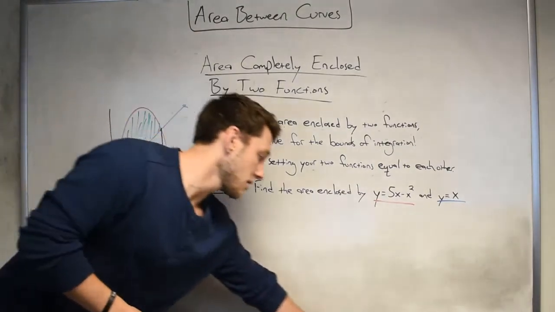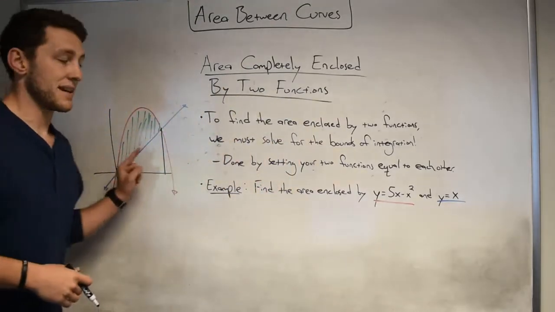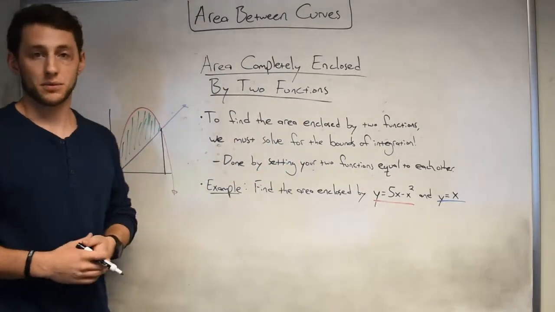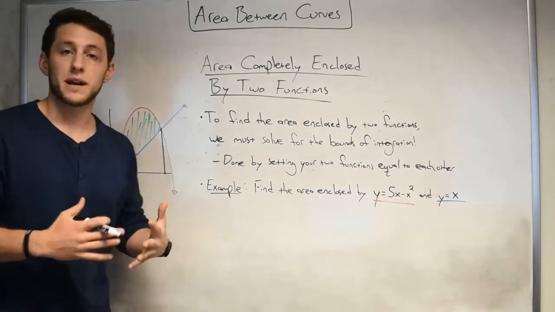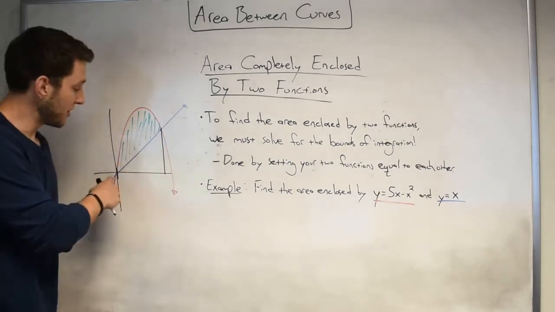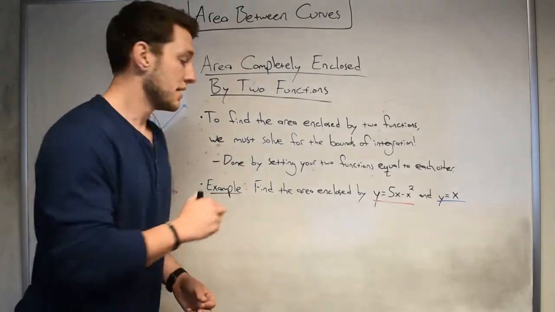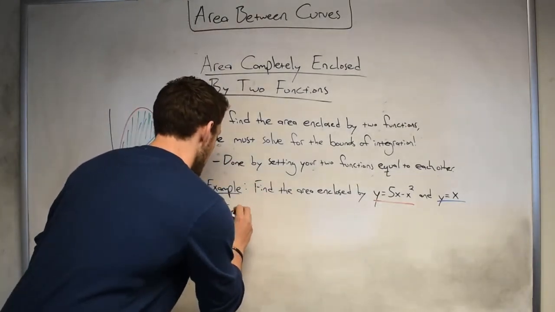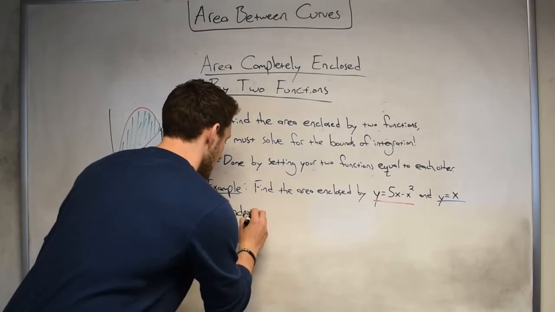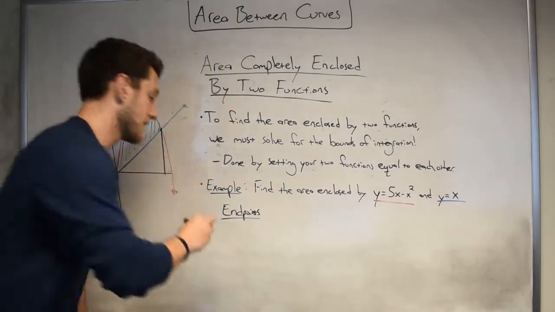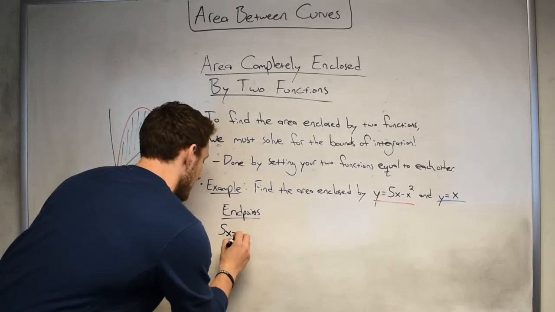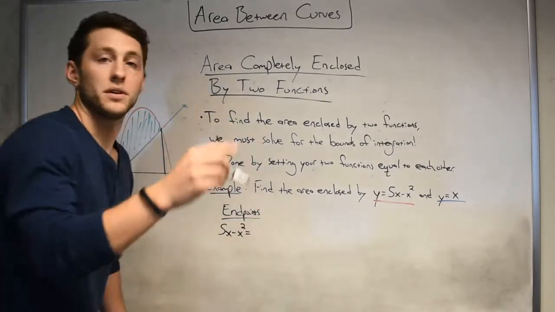The thing to notice here would be that we can actually find these endpoints by setting the functions equal to each other. Your bounds of integration will be exactly where these two functions intersect. So, to solve the problem, first off we want to find our endpoints. Set 5x minus x squared equal to x.